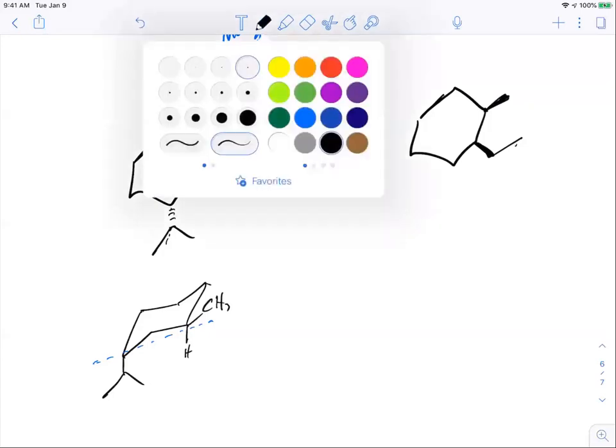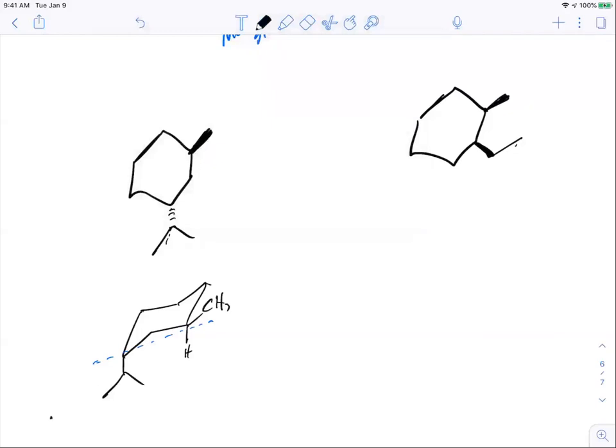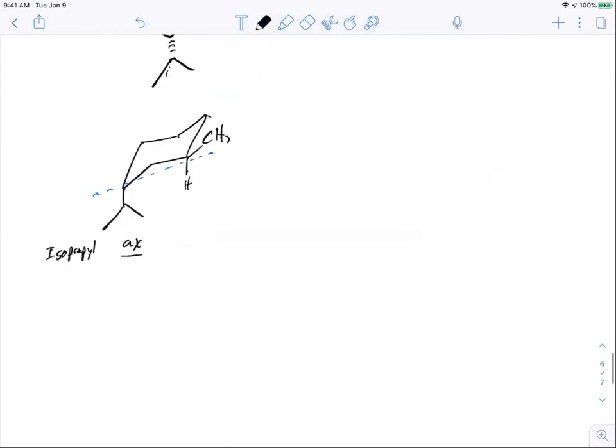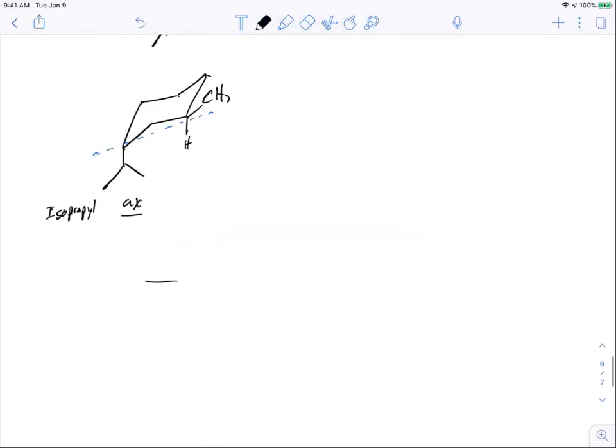But the way I've drawn this, right, I've put my isopropyl in the axial position. Is that going to be the most stable form? No. So therefore, I can redraw that, flip it, put my isopropyl in the equatorial form, right?